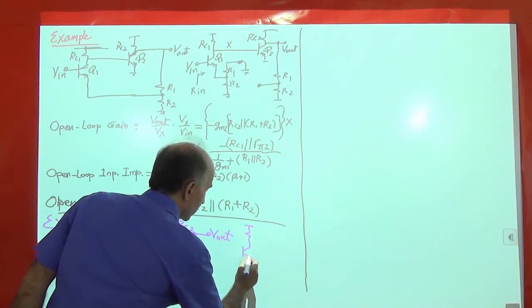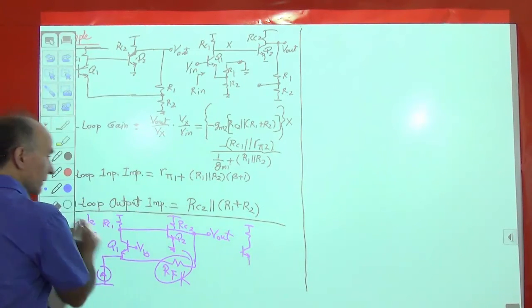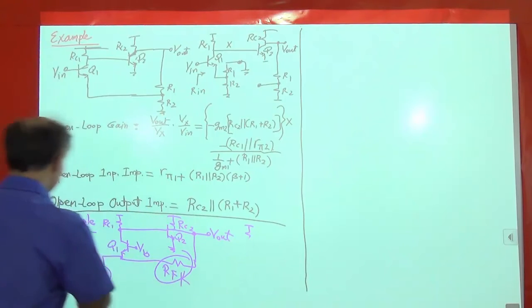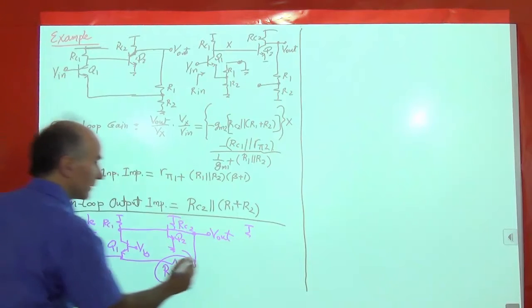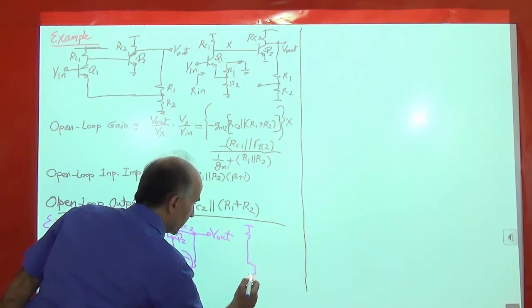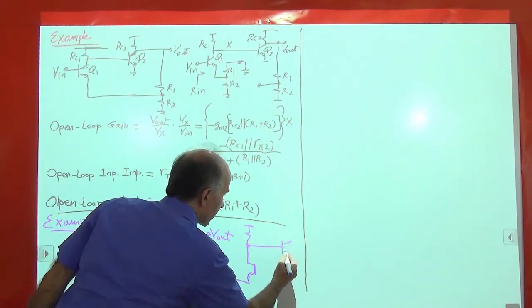So here's the common base stage at the input. Then we have the second stage.